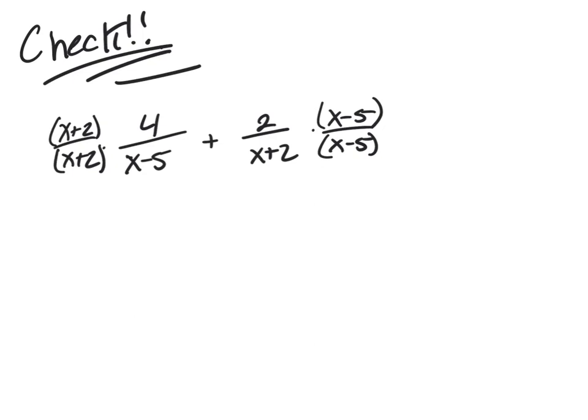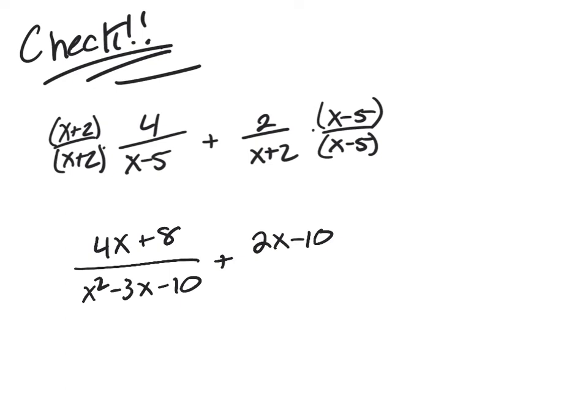All right, so we should end up with a 4x plus 8 divided by, let's see, x squared minus 3x minus 10. That's starting to look familiar. Plus 2x minus 10 divided by x squared minus 3x minus 10.